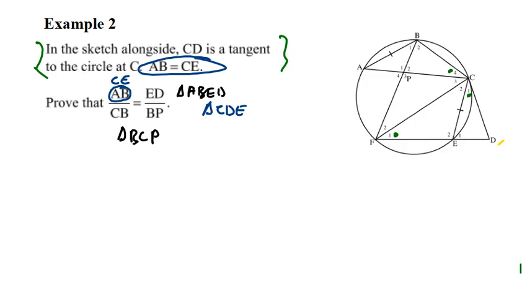Then the next thing that we're gonna try and do is to also work with angles that are in the same segment, because I do notice that somehow we actually have two cyclic quads. Let me bring them to life for you. So there are 4 points here on the circumference.